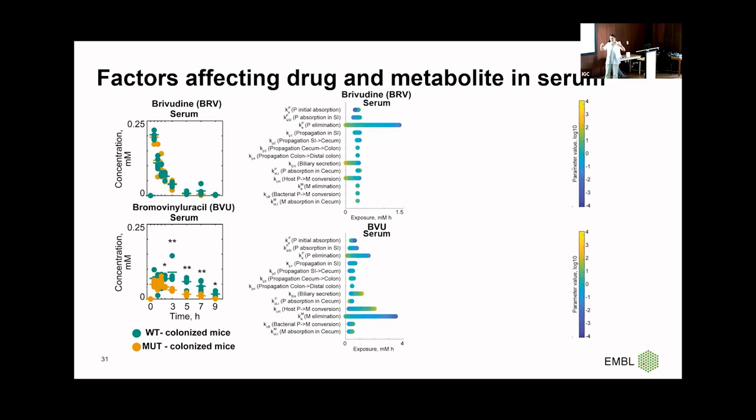Then the brivudin that gets propagated to the gastrointestinal tract and gets metabolized by the microbes is delayed in time because the drug needs time to get down and get metabolized. So this peak that we're seeing here at 3 hours is the microbial contribution on top, which is delayed compared to the host contribution. Thank you.